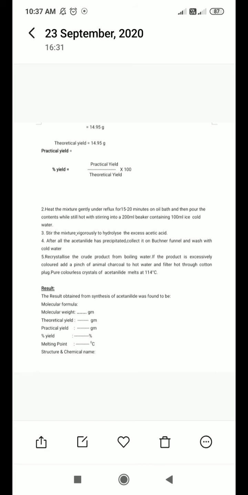If it is a solid compound, you should perform the melting point. If it is a synthesized liquid product, then you should perform the boiling point. This is your calculation part. Then conclusion: you should write the conclusion from the complete synthesis procedure, analysis, verification, separation and physical constant analysis.